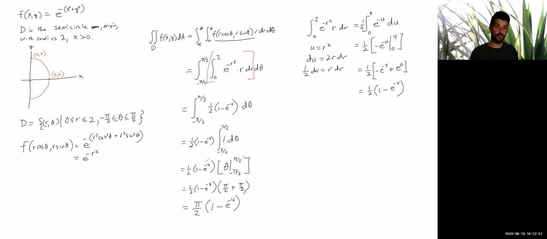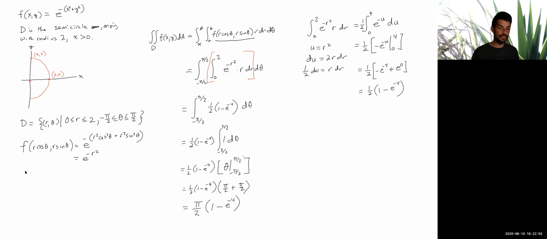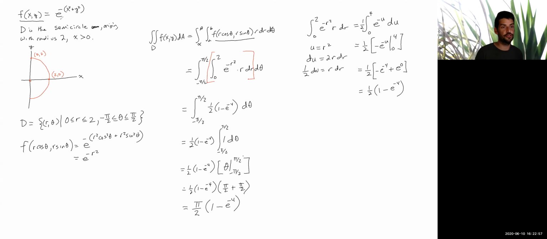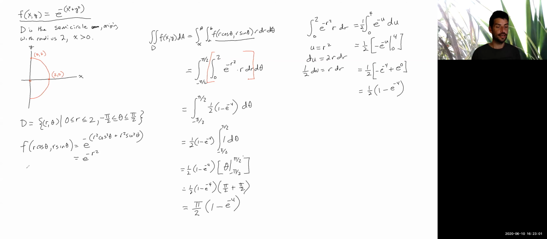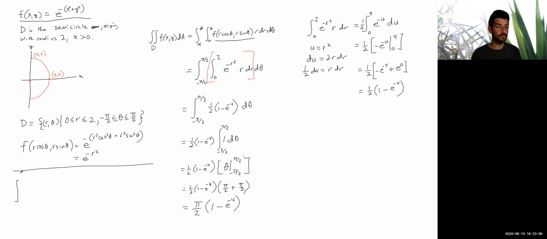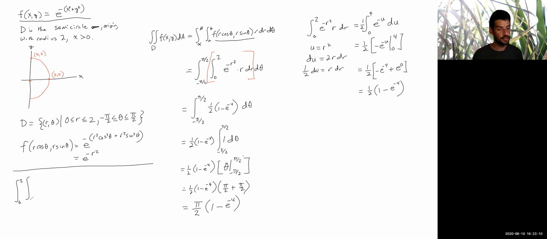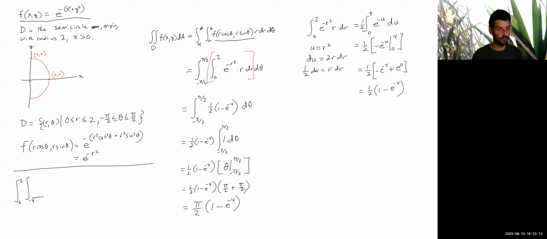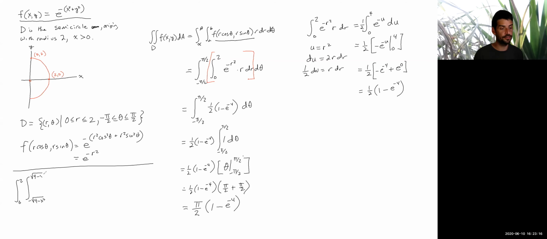And that's the integral of this function, right? So we went from a very difficult, right, this function right here, if we were to try to integrate this in the traditional way, we'd have something like 0 to 2, negative square root of 4 minus x squared to the positive square root of 4 minus x squared.